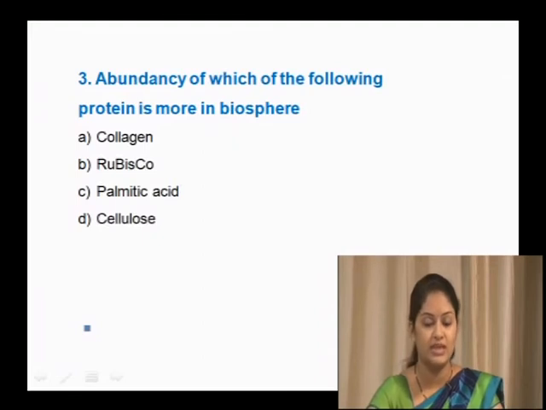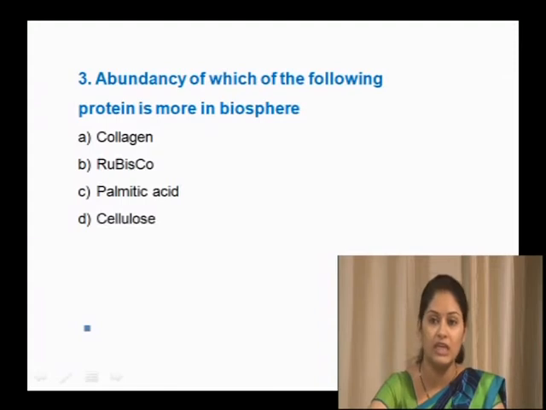Rubisco is an enzyme, therefore a protein, which helps in the fixation of carbon dioxide during the process of photosynthesis. So this is the protein which has large abundance in the biosphere compared to all other proteins. Option A, collagen, though it is a protein, is the most abundant protein found only in the animal world.